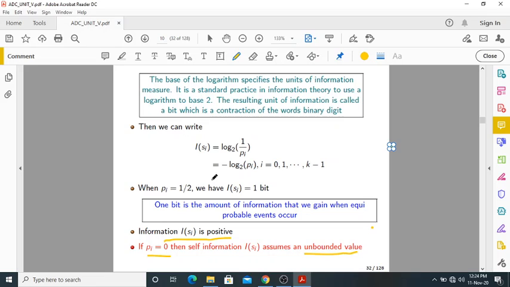Because log of infinity is not defined properly. So if an event has a probability of occurrence of 0, the information would be unbounded. Probability 0 means it will never occur simply. So if something never occurs, the information will be unbounded. Okay.